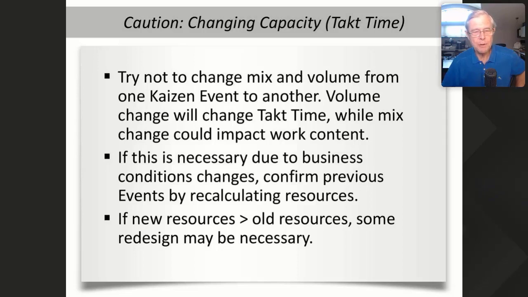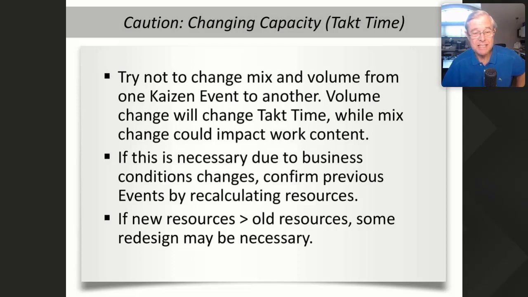Because if you change the volume, you're going to have a different takt time. That could be problematic. And if you have a change in mix, then the actual work content could be changing, and that could drive the number of resources that are required.